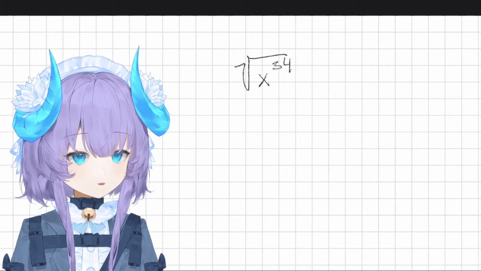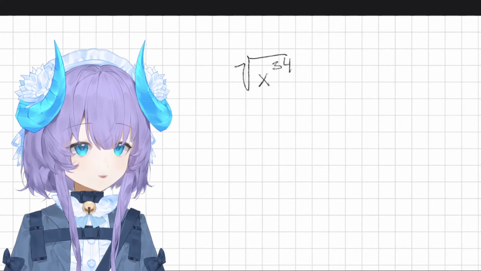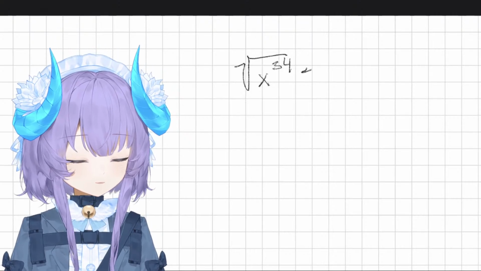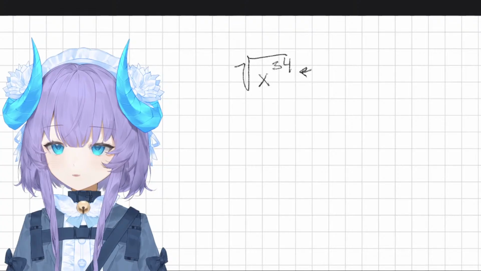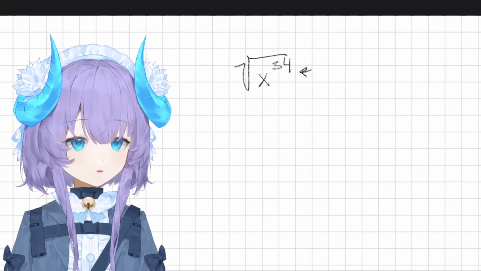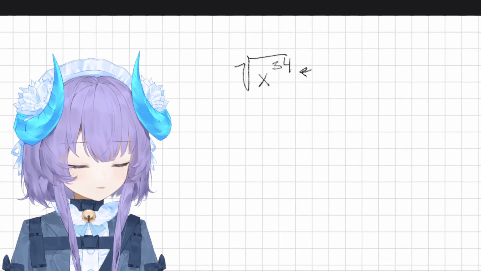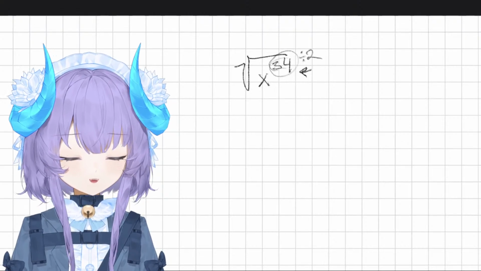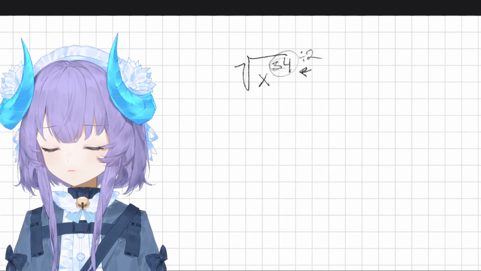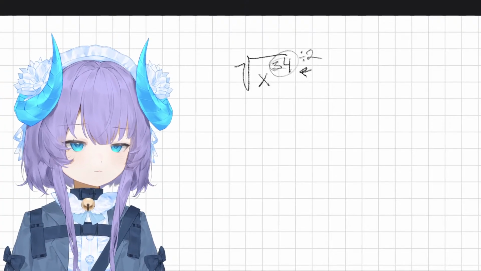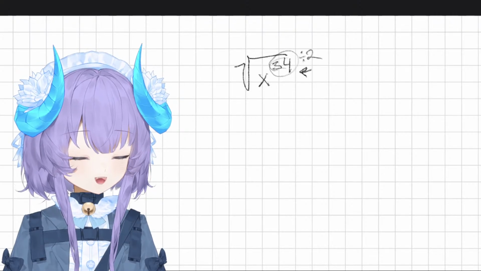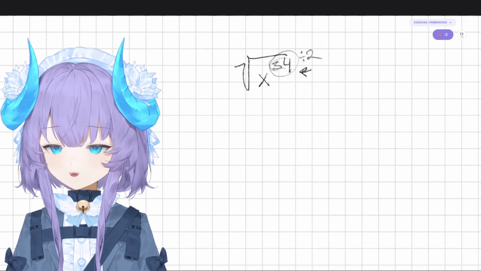Okay, so I think basically what we're doing is finding an expression such that when it is squared, this is the answer. So we are looking for basically dividing this number by 2. What is 34 divided by 2?